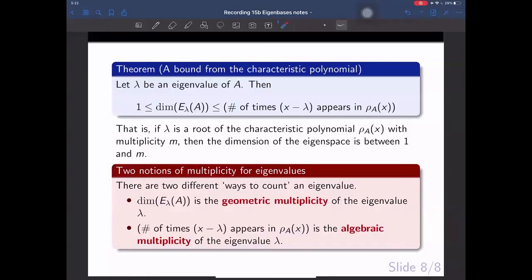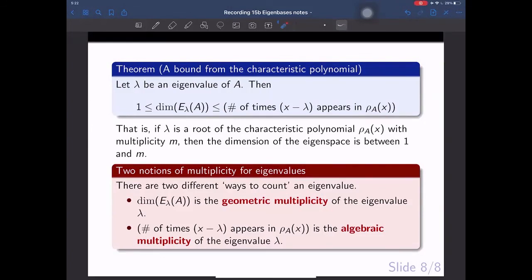We have a theorem which tells us the lower and upper bound of the dimension of an eigenspace of A for an eigenvalue. We have seen earlier that the lower bound is 1, but here the theorem says that an upper bound is the number of times that x minus that number lambda appears in the factorization of the characteristic polynomial.